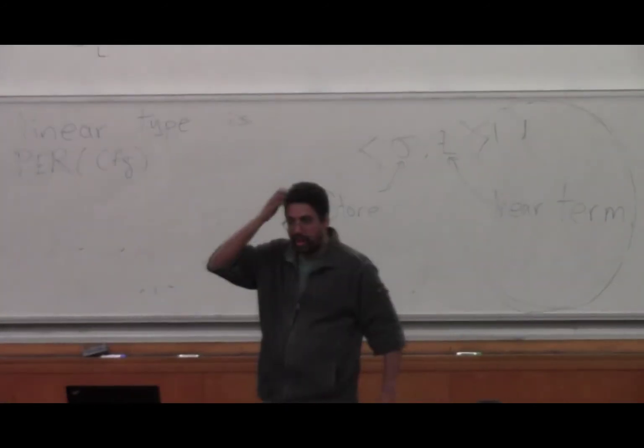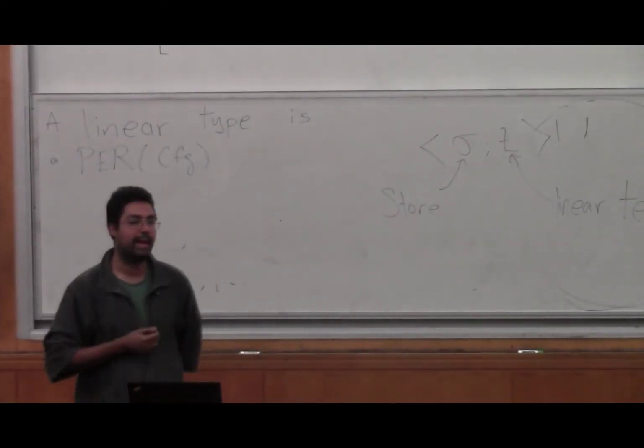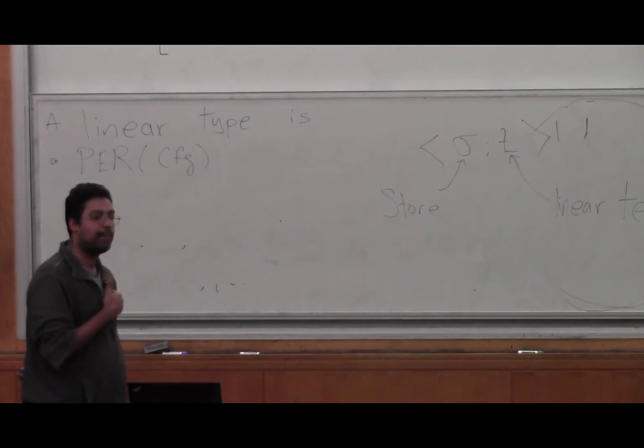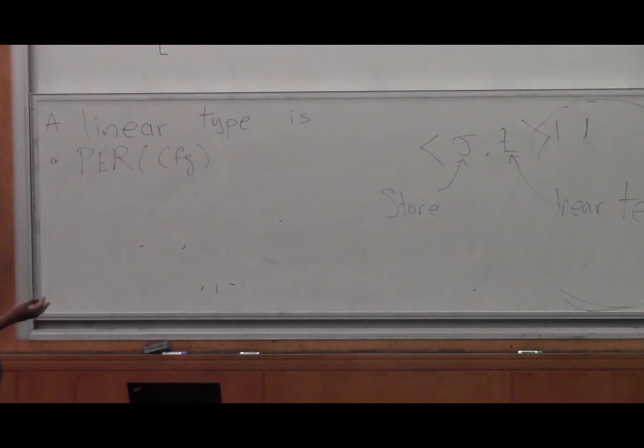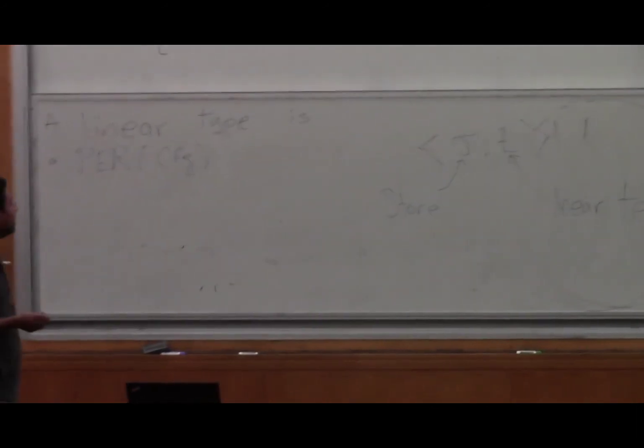And how can we keep track of what memory a linear type owns? Well, if we need to keep track of what memory it owns, let's keep track of it.